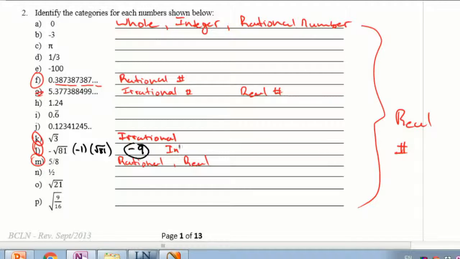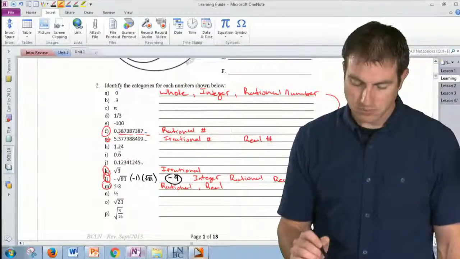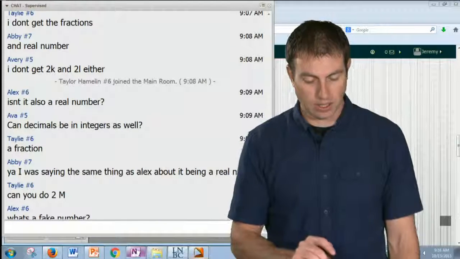That's the smallest category it fits in. It's also rational, and it's real, if you wanted to think of it as a real number, you could. So just a little step there to move things on a bit further to get to where you want.